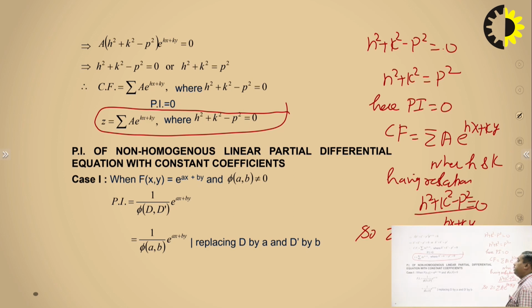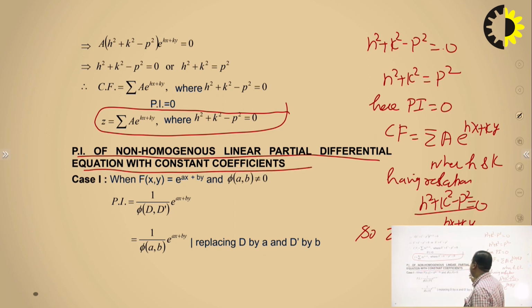Now we shall try to find out the PI of the given equations. PI of non-homogeneous linear partial differential equation with constant coefficients.